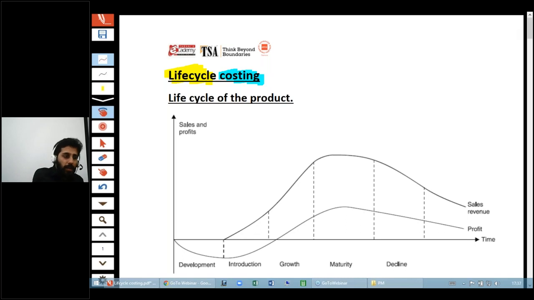Life cycle principle is usually applied on products which are technical in nature, right? So the life cycle principle is applicable on technological products. Let's say, for example, it's a product life cycle, not a company life cycle. We used to have a scanner machine in our offices. Right now, they are still there.